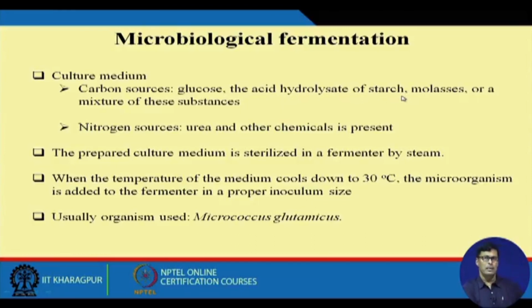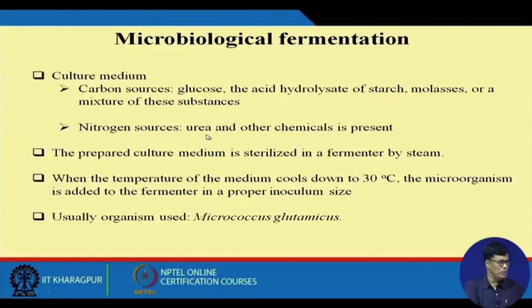What do you mean by acid hydrolysate of starch? When we hydrolyze the starch molecules, we get oligosaccharides. We don't get only glucose; we get monomer, dimer, trimer, or different types of oligosaccharide. So that is considered the acid hydrolysate. Then molasses, and a mixture of these substances.